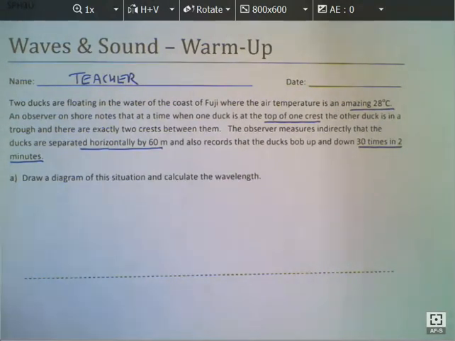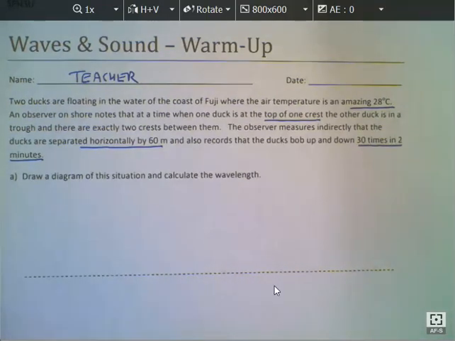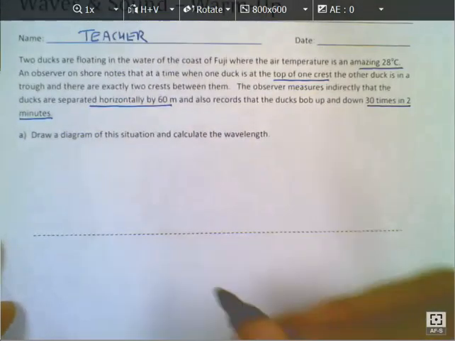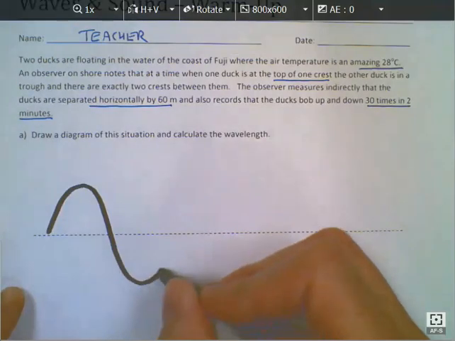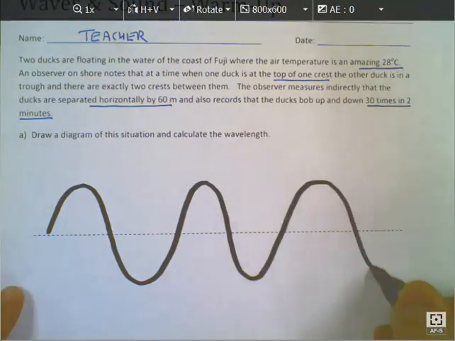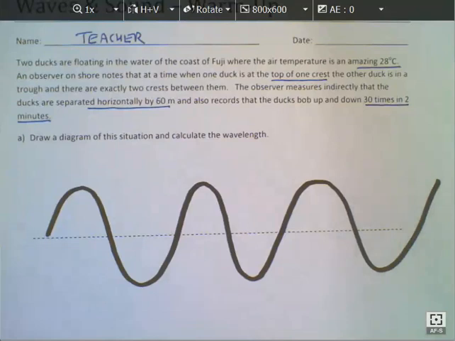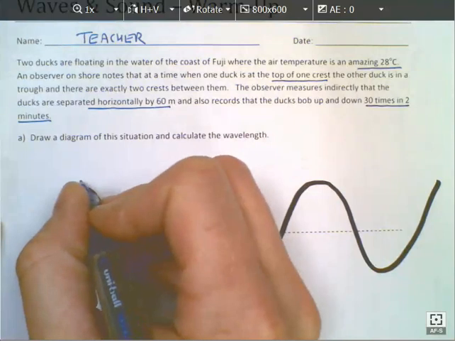One of the first things we're going to do is look at the sketch for this. So we're going to draw a wave to simulate the situation. It says there are two ducks, and one duck is at the top of a crest.